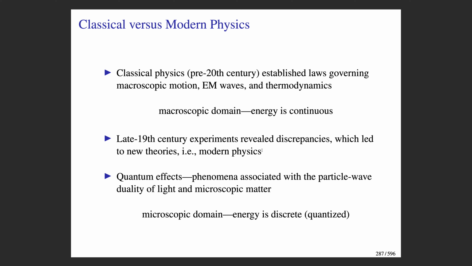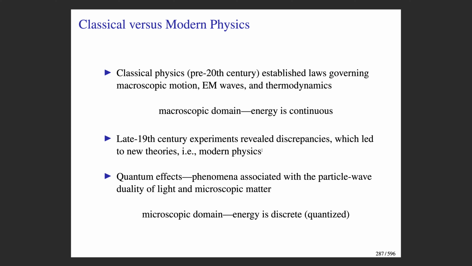To start off this chapter, I wanted to point out a distinction between classical physics, which came before, basically anything before the beginning of the 20th century, and modern physics, which is anything essentially after the start of the 20th century. Classical physics had established the laws that essentially governed macroscopic motion.